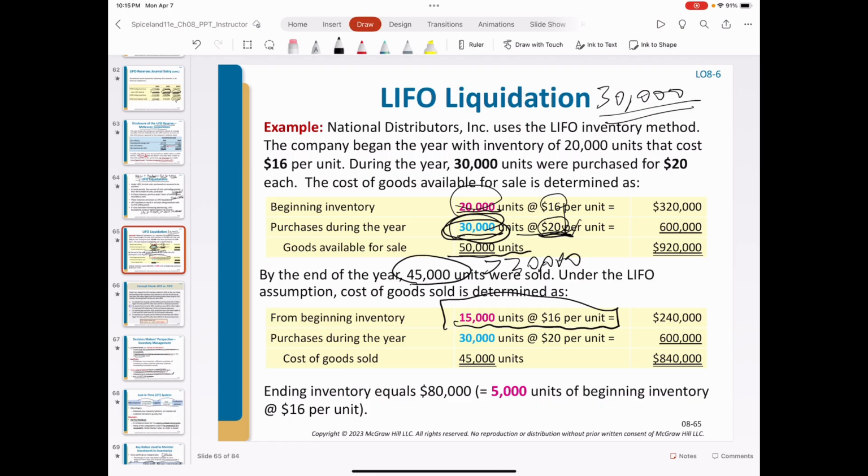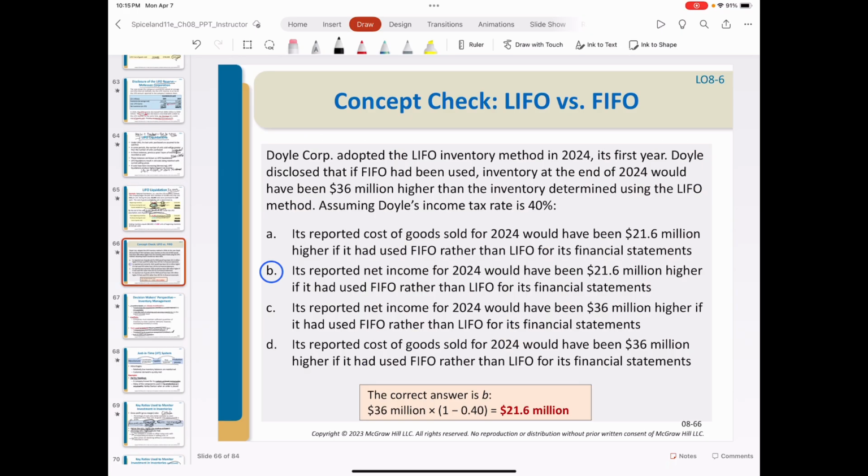In other words, this inventory is sold. So the lower cost inventory will result in higher earnings, because lower cost of inventory results in lower cost of goods sold.